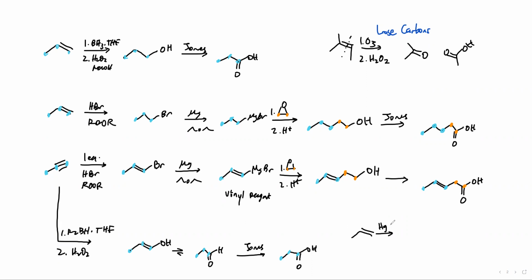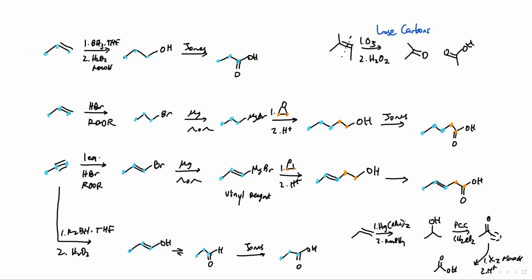That would be Hg, mercuric acetate followed up by reduction, which will give us the Markovnikov alcohol, which we can then oxidize using PCC. Just keep in mind, as long as it's a methyl ketone, so we have a methyl end there, we can do X2, NaOH, and we get the carboxylic acid.